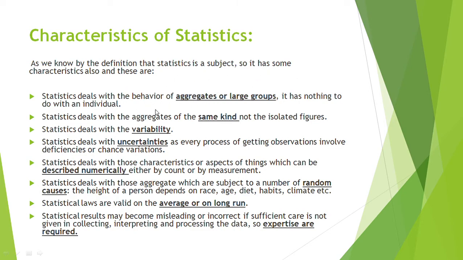So in statistics we need data of more than one or two individuals, not one individual. That is not called statistics, it is just information. Statistics deal with the large group always.